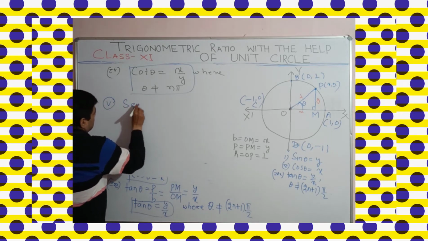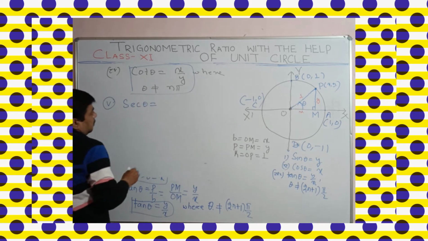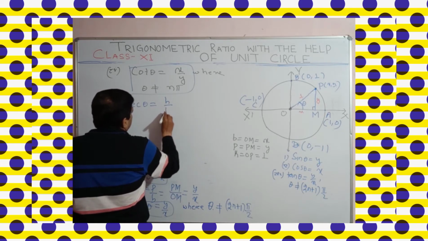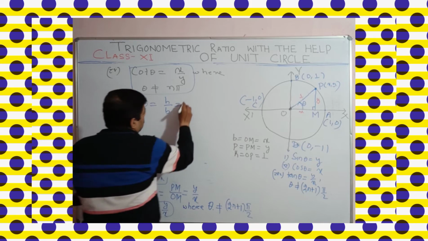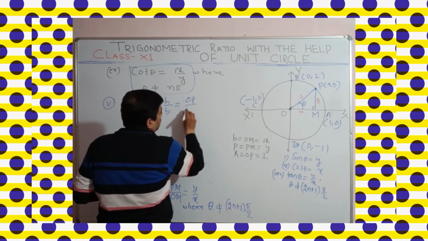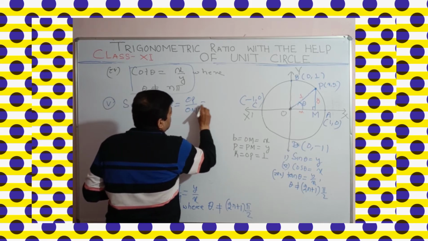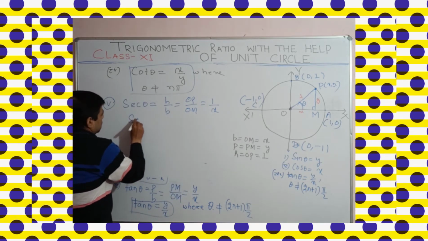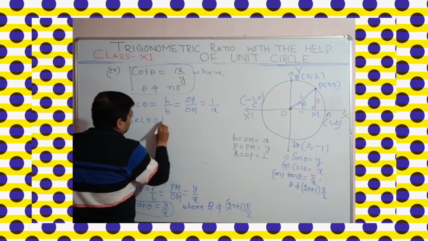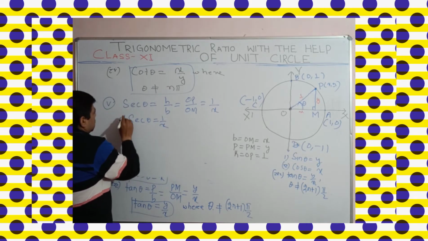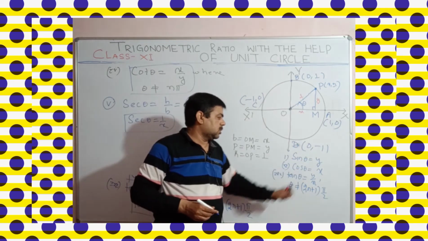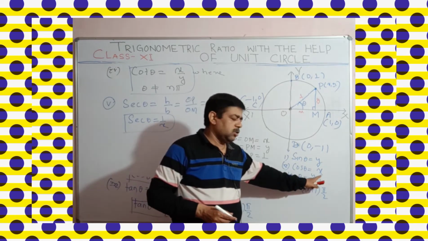Okay. And the next point, you see, sec theta. And sec theta is what? Sec theta is H upon B, which is OP upon OM, which is 1 upon x. So sec theta is equal to 1 upon x. Here x is equal to cos theta, and x should not be 0.